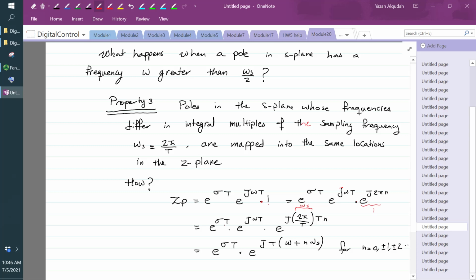So I can write this multiplied by T and divided by T. I'm going to get e to j 2 pi over T multiplied by Tn, but 2 pi over T is omega s, and therefore I can write this as e to sigma t e to j t times omega plus n omega s, and this is going to equal e to sigma t multiplied by e to j omega t. Make sense?